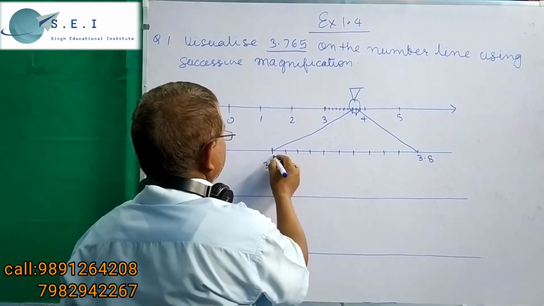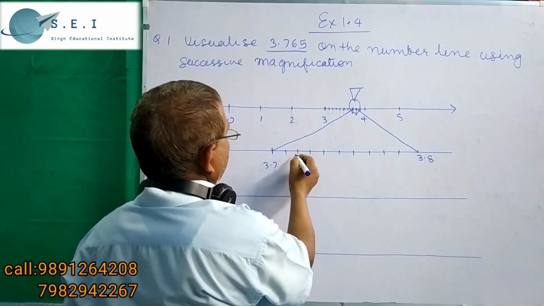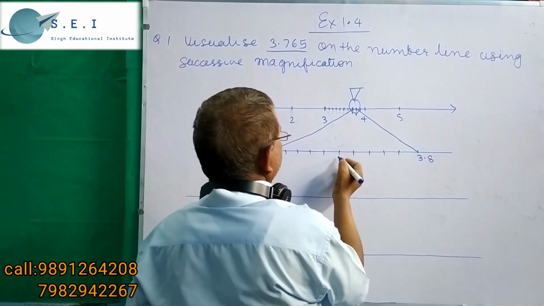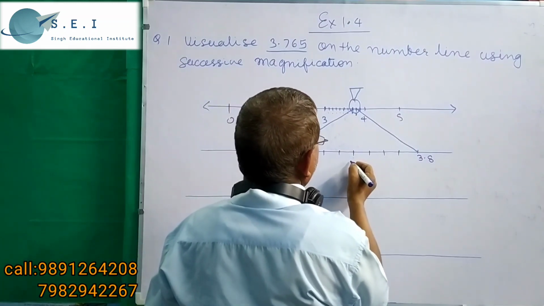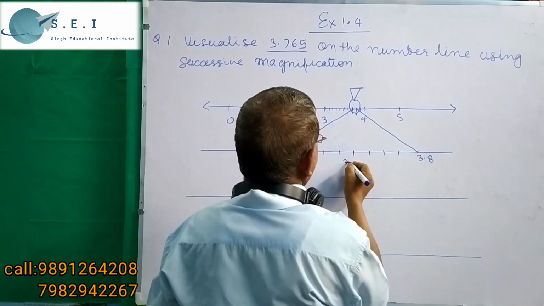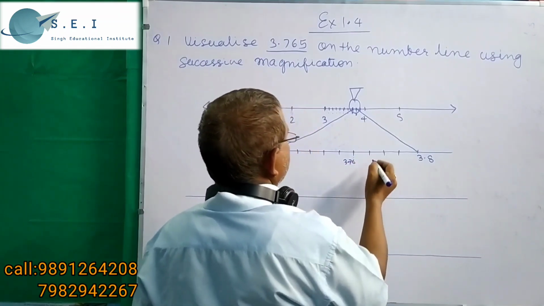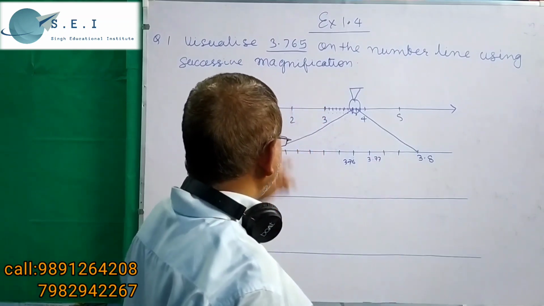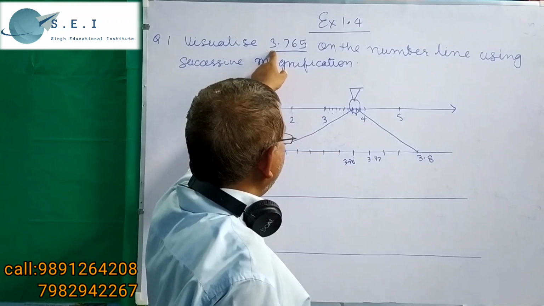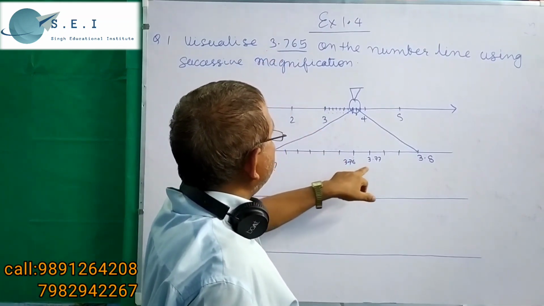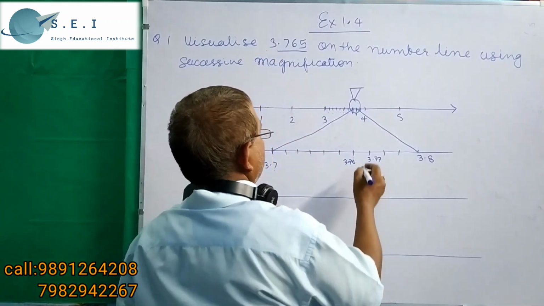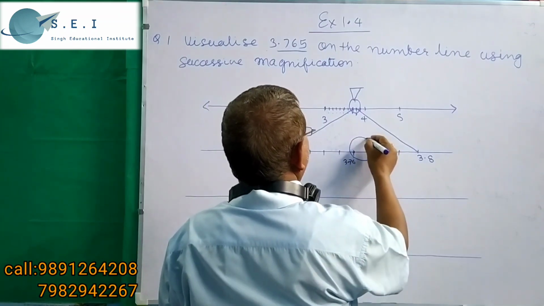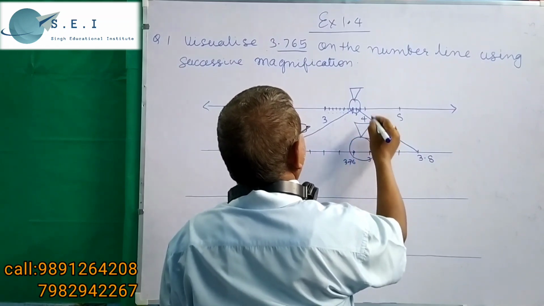This is 3.7, 3.71, 3.72, 3.73, 3.74, 3.75 and this is 3.76, and this number is 3.77. Our number belongs between 3.76 and 3.77. So these two numbers are magnified to show on a wider line.